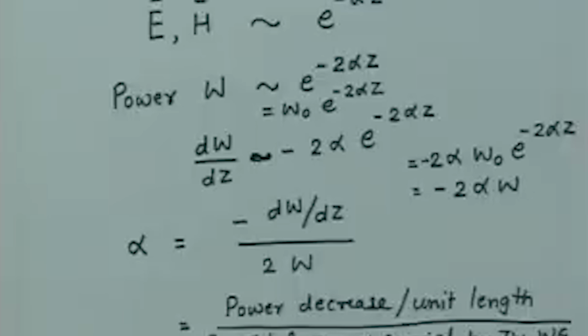So, now in general, if I want to calculate the attenuation constant, I require two quantities to be calculated. One is the power loss per unit length, and the second quantity is the total power carried by the waveguide.